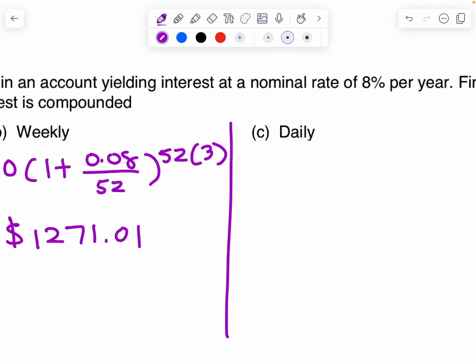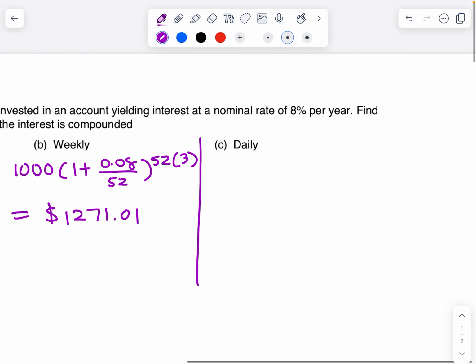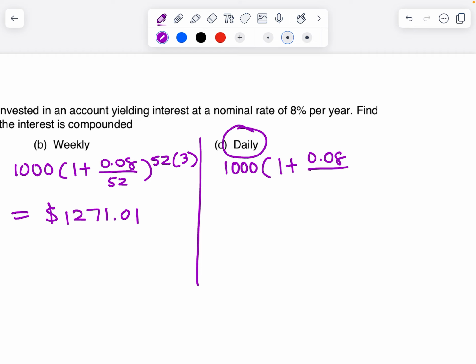Try doing it yourself. You can feel free to pause the video if you want. All right. And so for daily, the same thing again. We start off with the same value, and then we yield a nominal rate of 8%, which is the same as what we did before. Again, this time I want to know how many days are in a year.